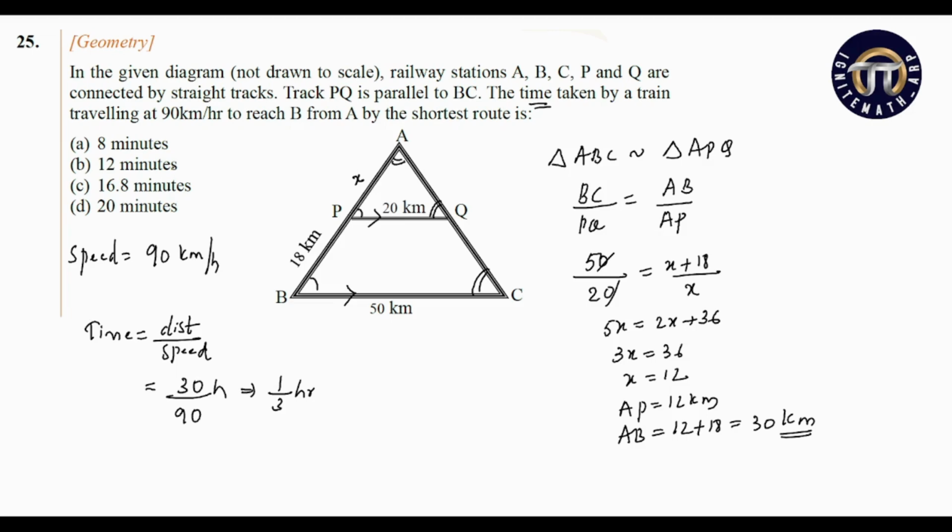Since the options are in terms of minutes, let me convert this to minutes. 1 by 3 into 60, because in 1 hour there are 60 minutes. So 3 twenties are 60. I get the answer as 20 minutes. So 20 minutes is the right option. Clear? Option number D is the right one.